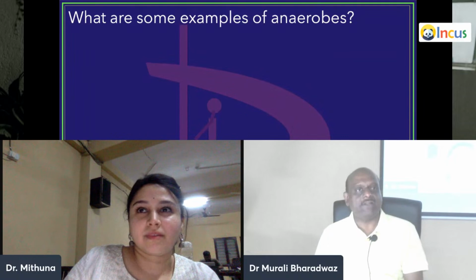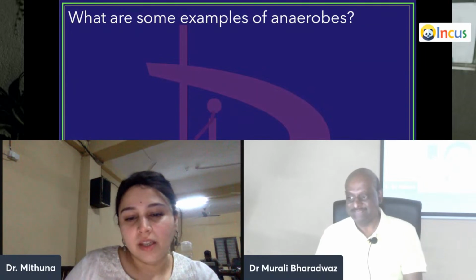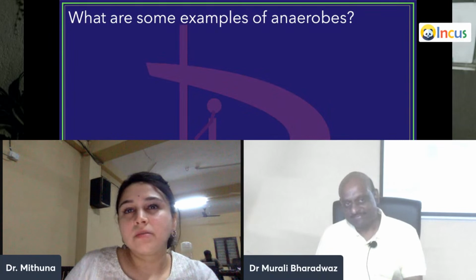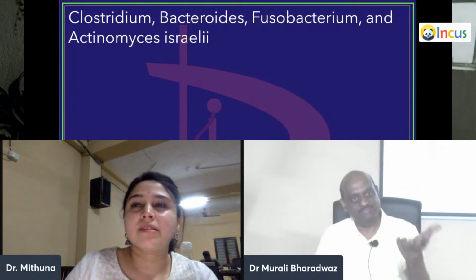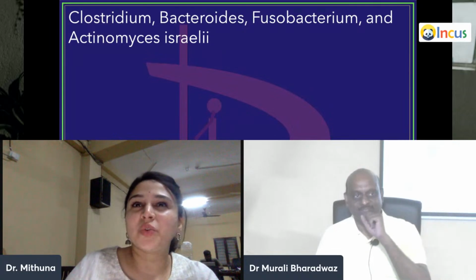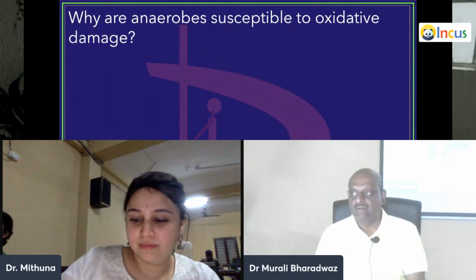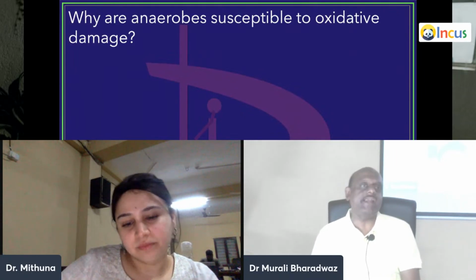Doctor, if I had to pass you in a microbiology exam, tell me what are the anaerobes that you know? Clostridium is there, sir. Bacteroides are there. Fusobacterium, Actinomyces, even Shigella, sir, is an anaerobe. What are the anaerobes which are susceptible to oxidative damage?